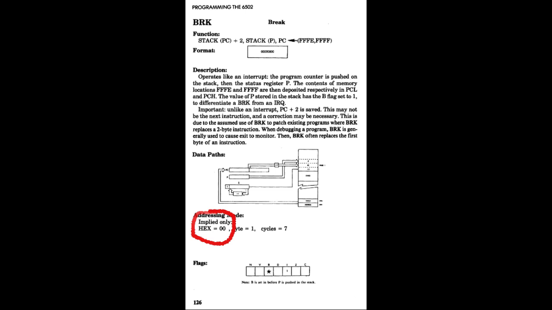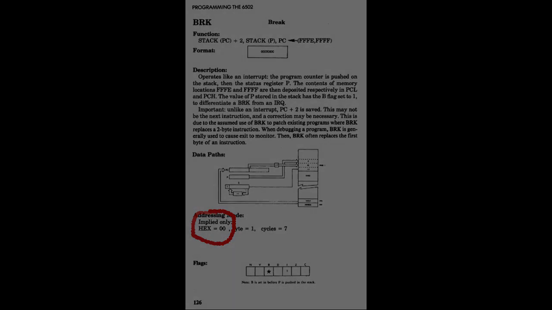It will write 3 times on the stack area, 2 times to store the program counter, and a 3rd time to store the processor status register, as it does with a normal IRQ. So basically this is an IRQ, processor-wise, that we cannot avoid in any way.